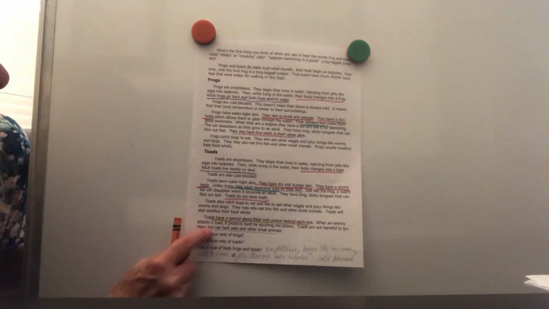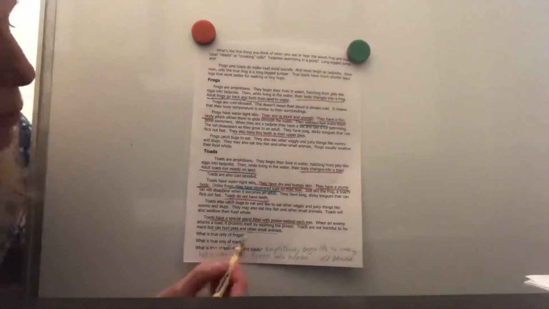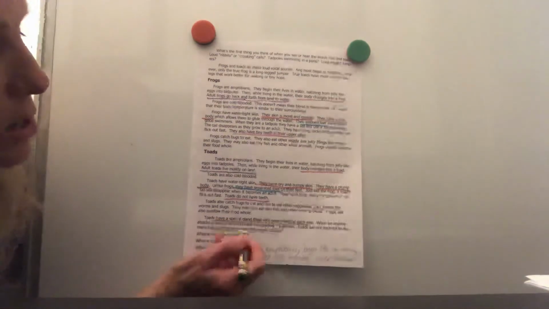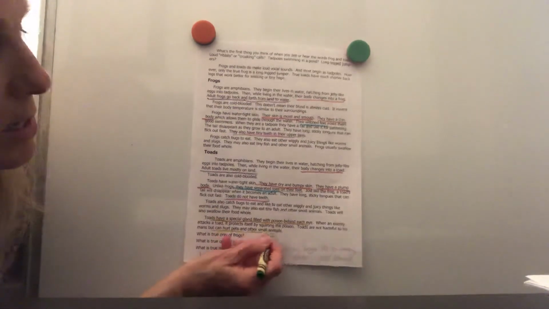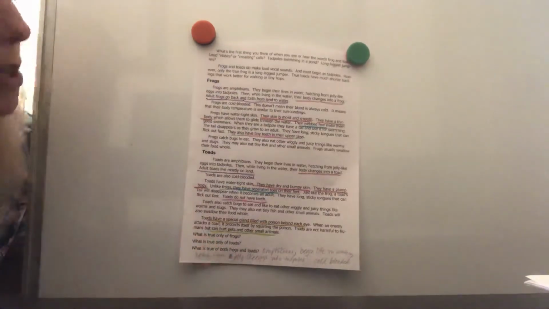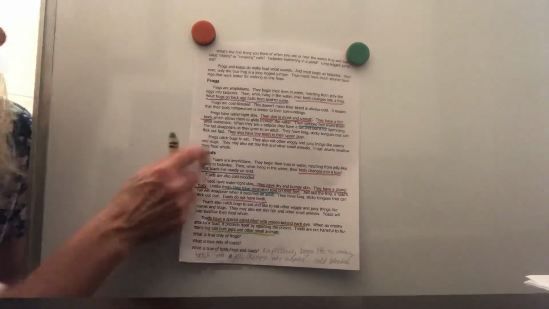And I found here another little difference that's just with the toad. It said that they can hurt pets and other small animals. And that's because of the poison that they have, because it shoots out. And this one up here with frogs, it didn't say that they could do that. Okay?